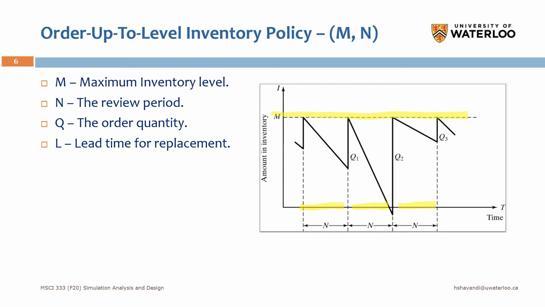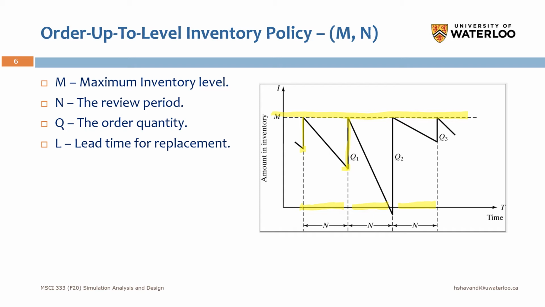level. So the order quantity will be different each time, and it depends on the level of inventory at that time, right? For example, here we will order this amount, but here we order this amount, right? So this is called the order-up-to level, okay?